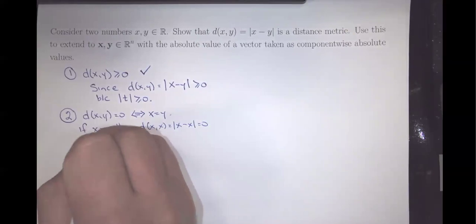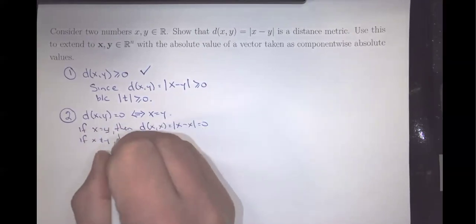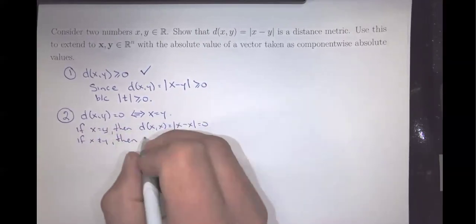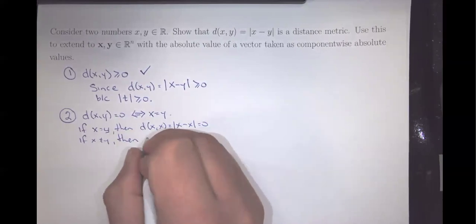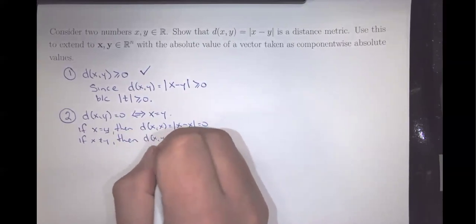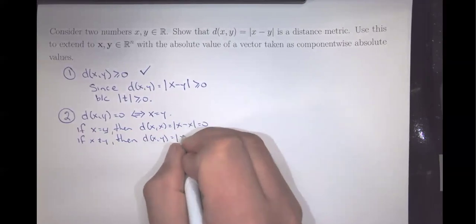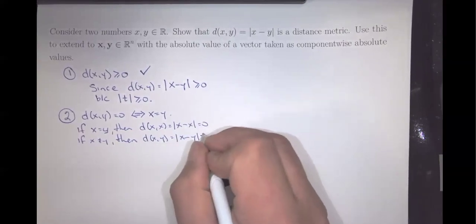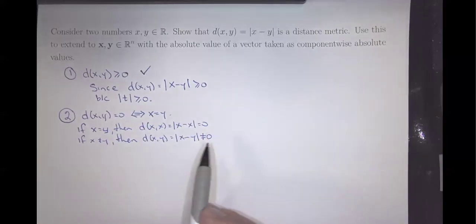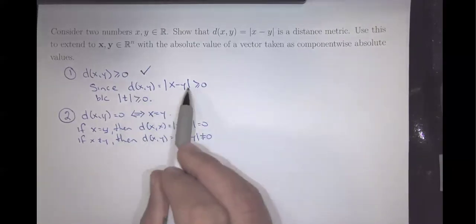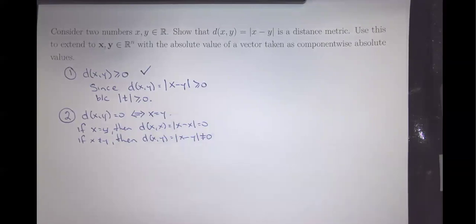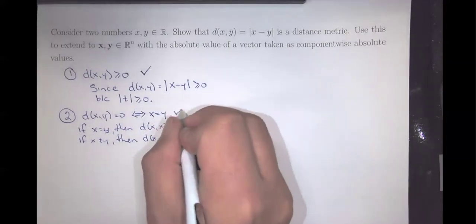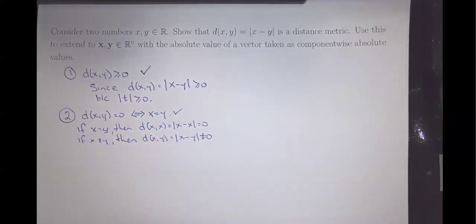If x is not equal to y, then the distance between x and y is equal to x minus y, which is not 0. And because we know that the distance between x and y is greater or equal to 0, showing that those two things are not equal to 0 is good enough. So property 2 is satisfied.